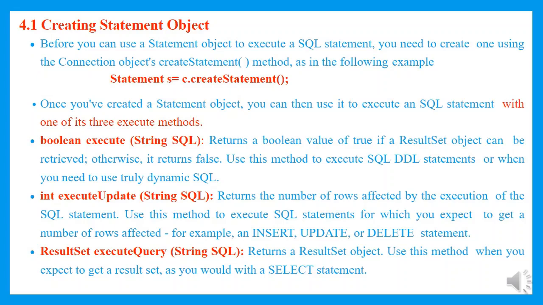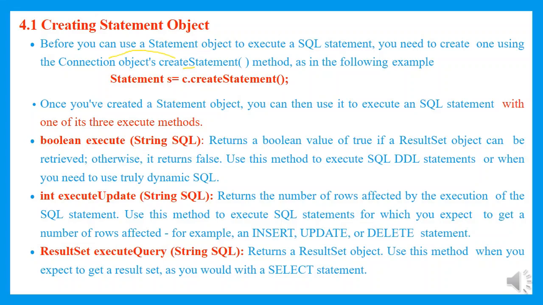Here we are explaining creating the Statement object. Before executing the SQL statement, first we need to create the statement. In order to create the statement, we make use of a method called createStatement. The createStatement method belongs to the interface called Connection interface.